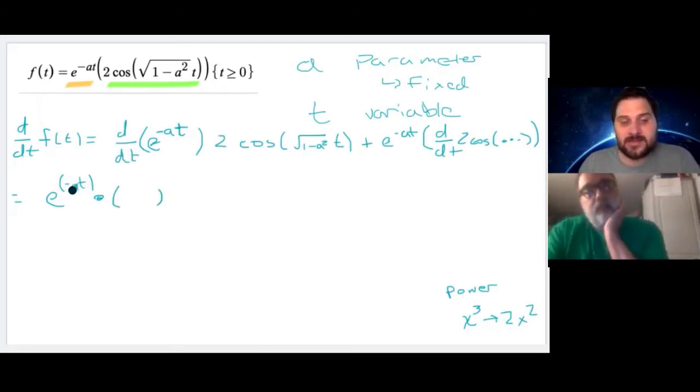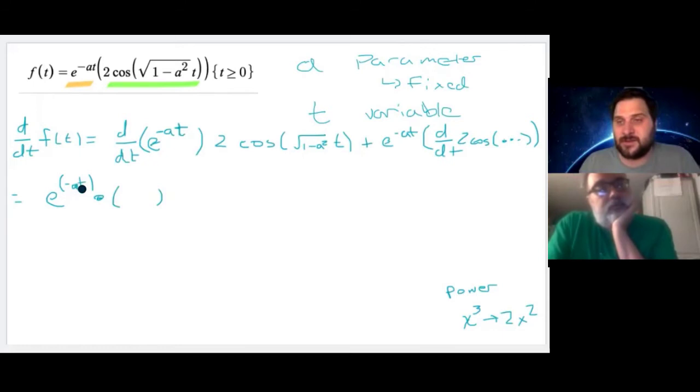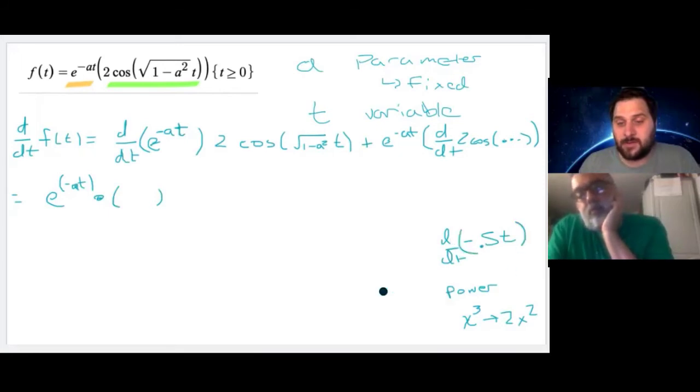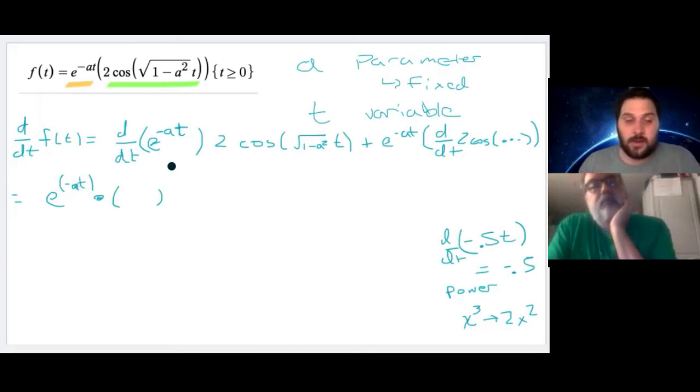And again, this is a place where having that parameter makes it confusing. If you imagine for a second that a was 0.5 and you just had a simple function 0.5t, well, that wouldn't be so bad, right? We would know that that's just the coefficient. And so the same thing applies here. It's just the coefficient, opposite of a.